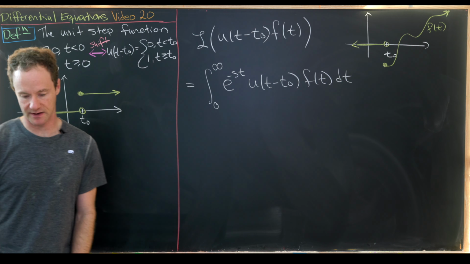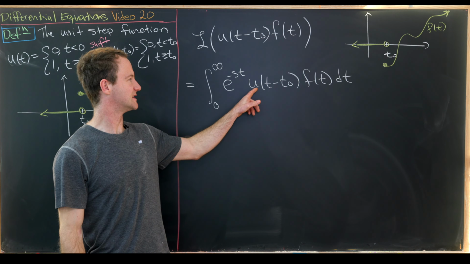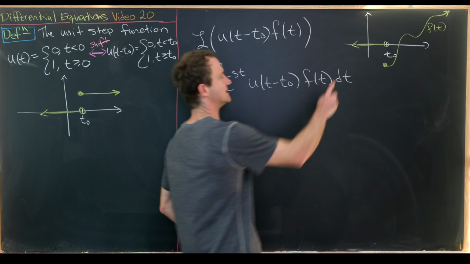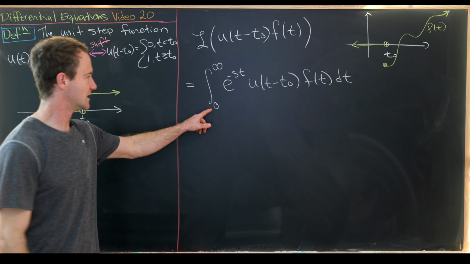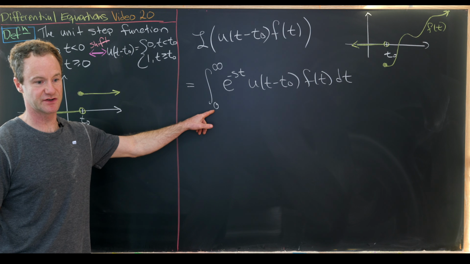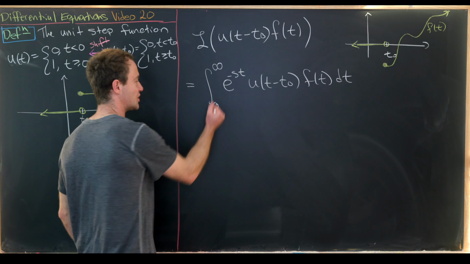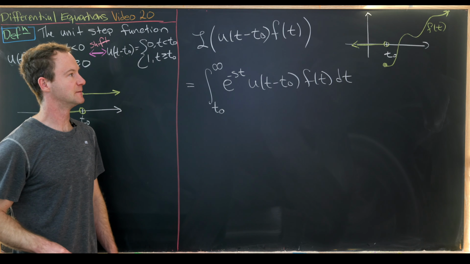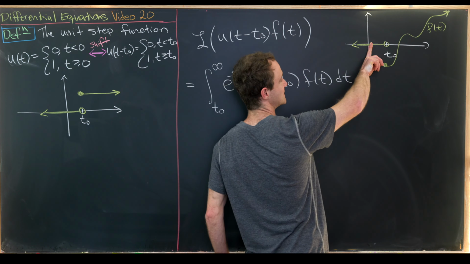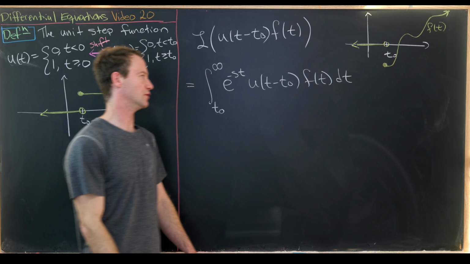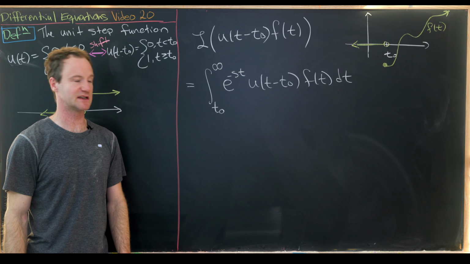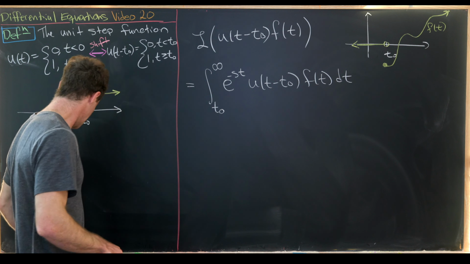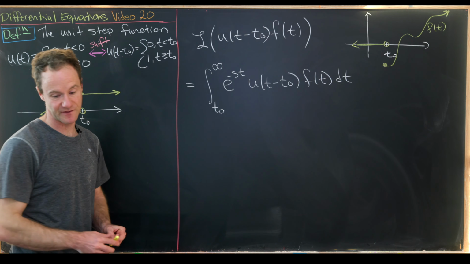Since u of t minus t naught is 0 until we hit t naught, we shouldn't start this integral at 0. We don't change anything if we start this integral at t naught, because integrating from 0 to t naught gives a value of 0 by the definition of the unit step function.